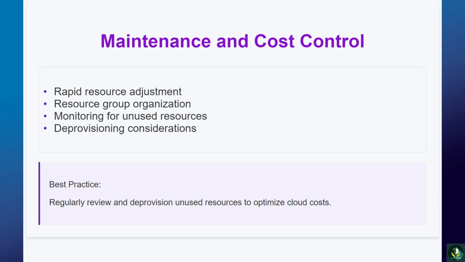Consider implementing Azure Policy to enforce tagging standards, which can help identify the purpose, owner, and lifespan of resources. This metadata becomes invaluable during resource audits and cleanup efforts. Additionally, leverage Azure Advisor, which provides personalized recommendations for optimizing your Azure resources for high availability, security, performance, and cost.